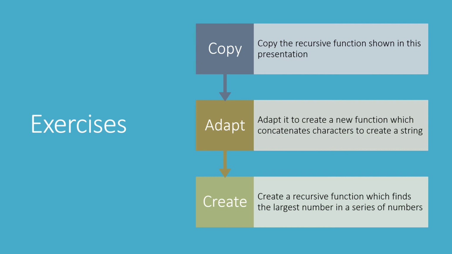If you manage to get that working, try adapting it to create a new function which, instead of adding integers to create a total, concatenates characters to create a string. And if you can make that work, create a new recursive function to find the largest number in a series of numbers. That is a much more challenging program to write.